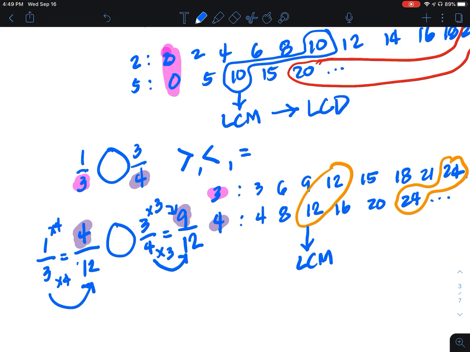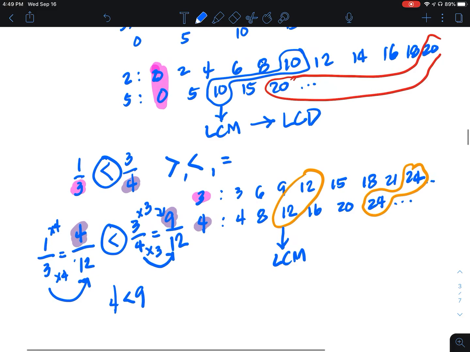So if you notice, 4 is less than 9. So therefore, 4 twelfths is less than 9 over 12, or 1/3 is less than 3/4. That is how you use multiples or LCDs to be able to compare fractions.